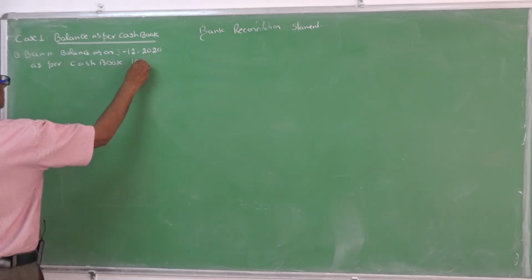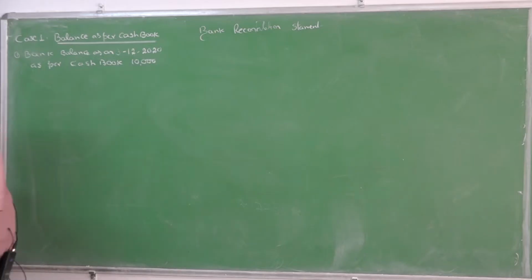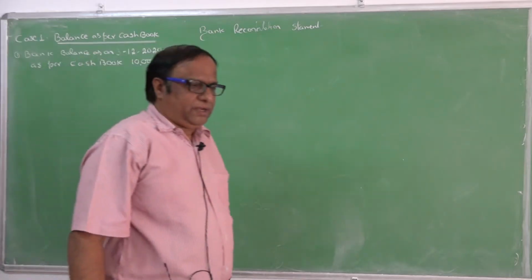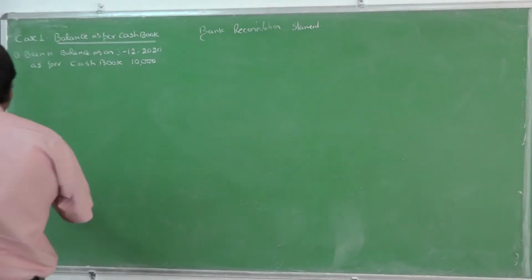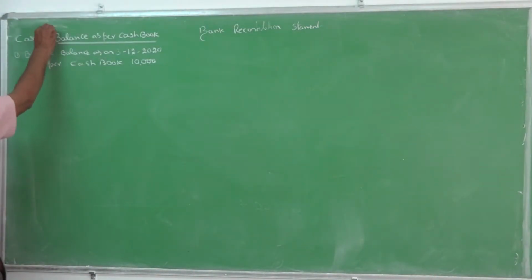So first point, the balance as per the cash book prepared by the accountant in Viva school. So the example I have taken is a cash book of Viva. The Viva school accountant prepares the cash book.